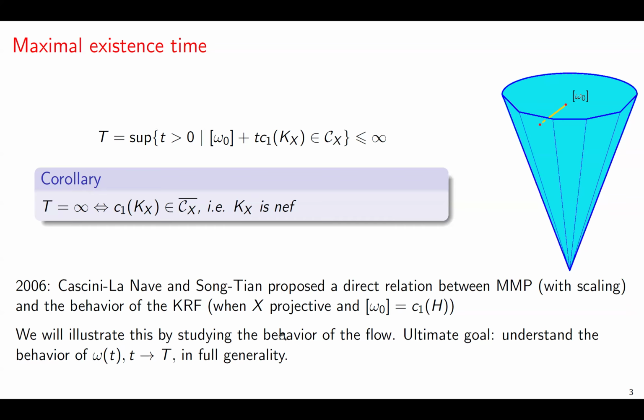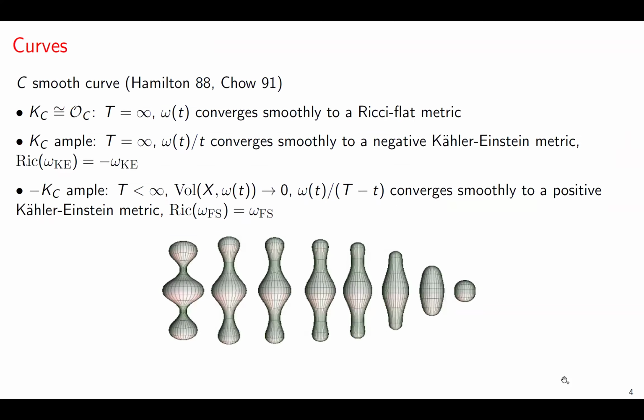And as such, this ultimate goal is completely hopeless in that category. However, in the Kähler category and the Kähler-Ricci flow, I want to argue that this goal is maybe not exactly within reach, but we know a lot about it. And thanks to the MMP, there is a complete conjectural picture of this. So, okay, that's basically what I want to discuss.